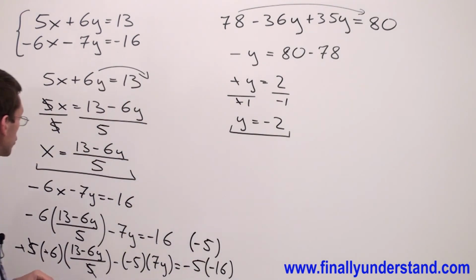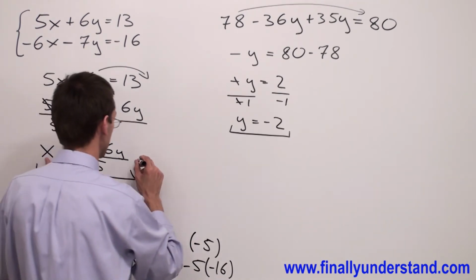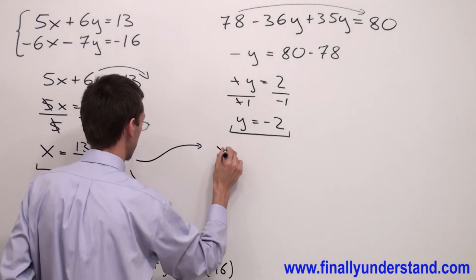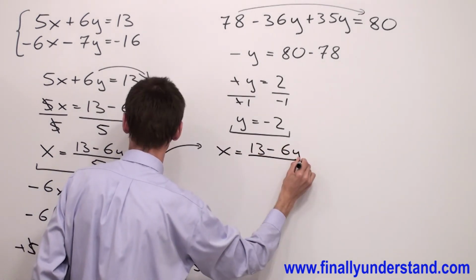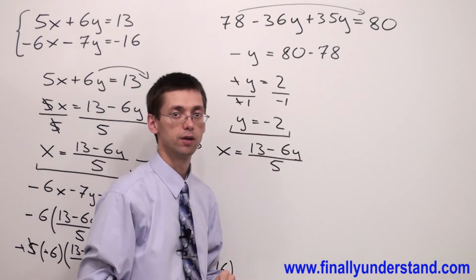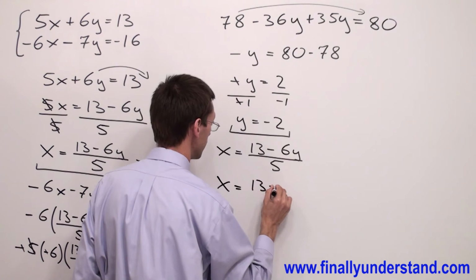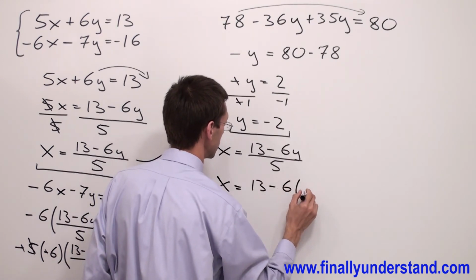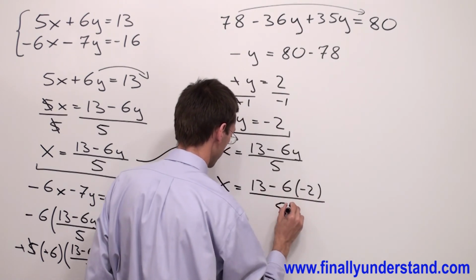Next, I'm supposed to find the value of x. That's why I'm going to use this equation, because this equation is already solved for x. Okay, so I'm going to copy this down. I have x equals 13 minus 6y over 5. And this y I'm supposed to substitute by negative 2. So I have x equals 13 minus 6 times negative 2 over 5.